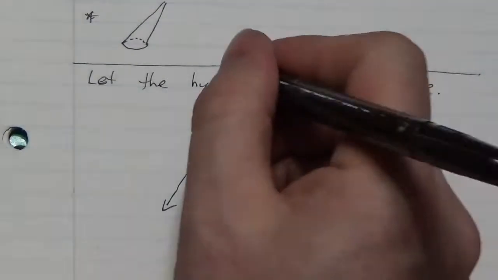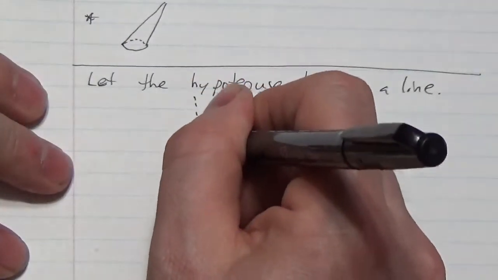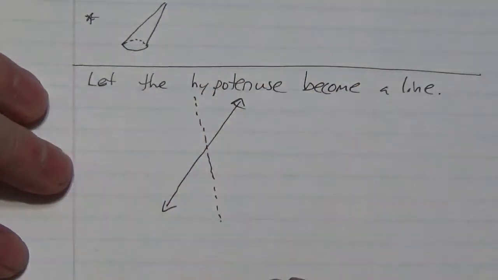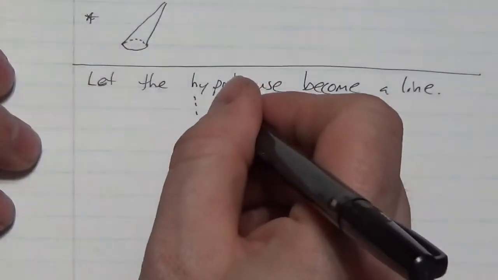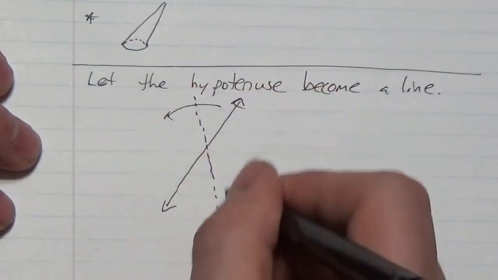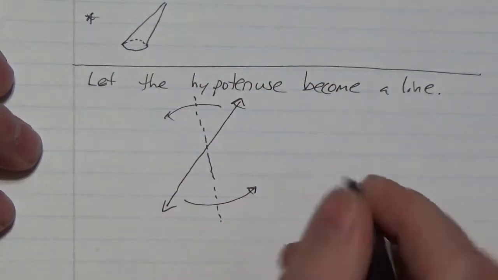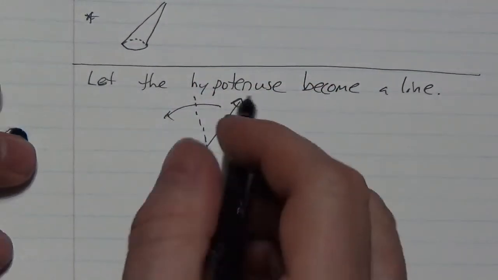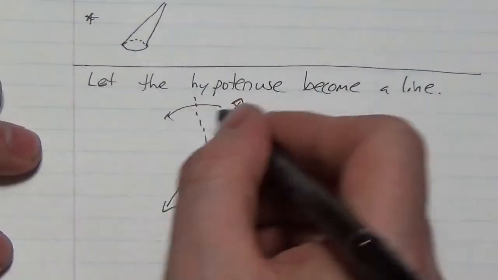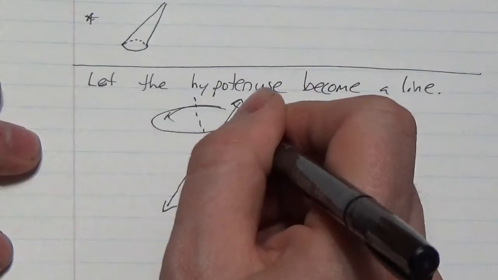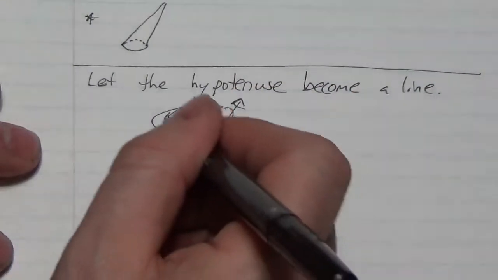And then what I'm going to do is rotate that around an axis here. So I'm going to spin this thing around. This is going to come around like this. This is going to come around like this. And when we do that, that's going to sweep out kind of a cone shape here.